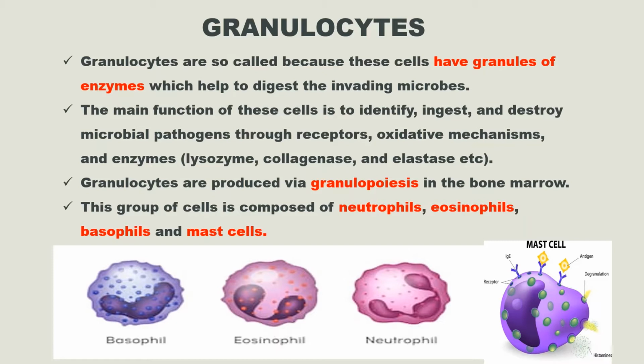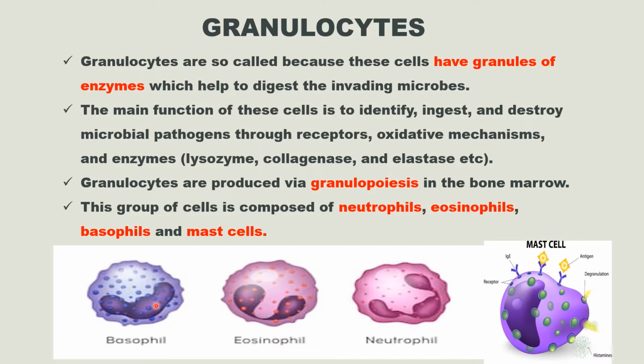Here you can see in this basophil there are some blue granules. These granules contain enzymes that will kill microorganisms. Because of the presence of these granules, granulocytes are called like this.